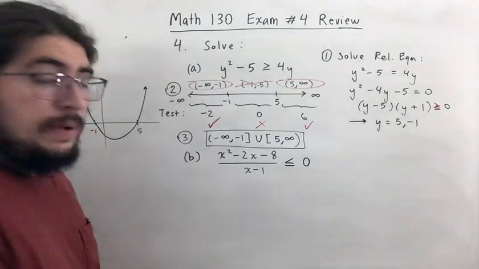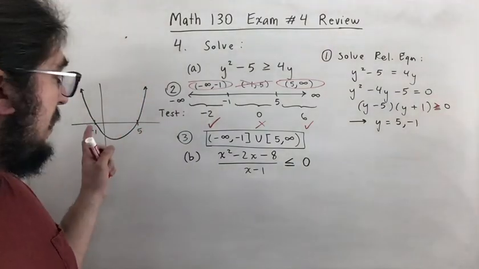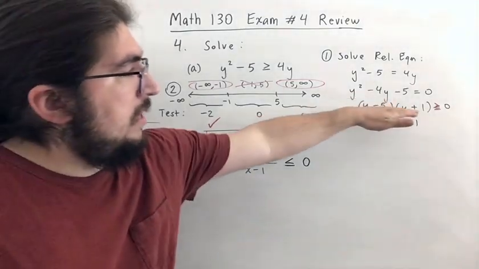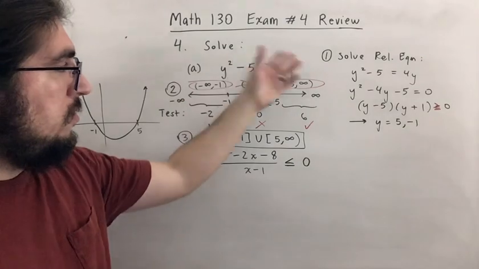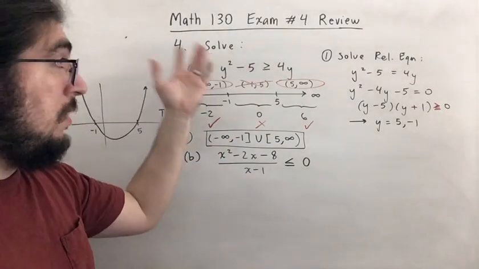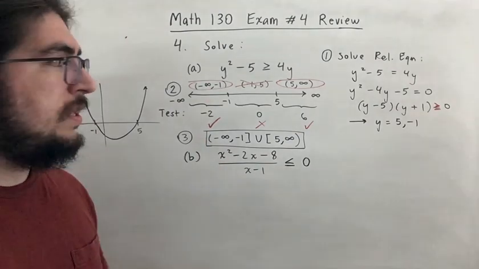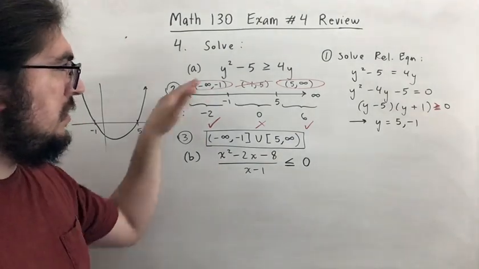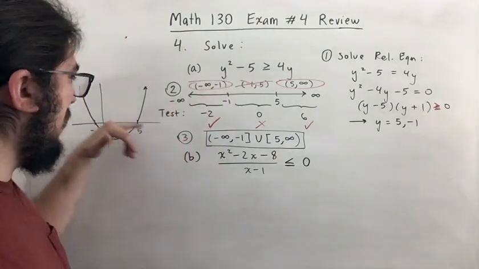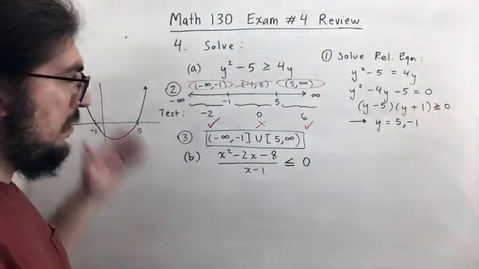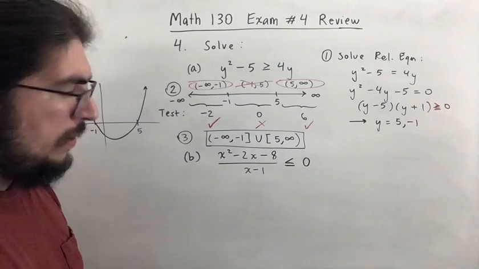It's a parabola that passes through the x-axis at -1 and 5. And I'm kind of looking at it like this. If you move everything to one side so the zero is on the other, you get that the parabola must be greater than 0. In other words, y values must be greater than 0. Now, it's a little tricky here because my variables are y, so that I guess would be the y-axis, and this would be the x-axis, or whatever you want to call it. So it looks a little weird like that.